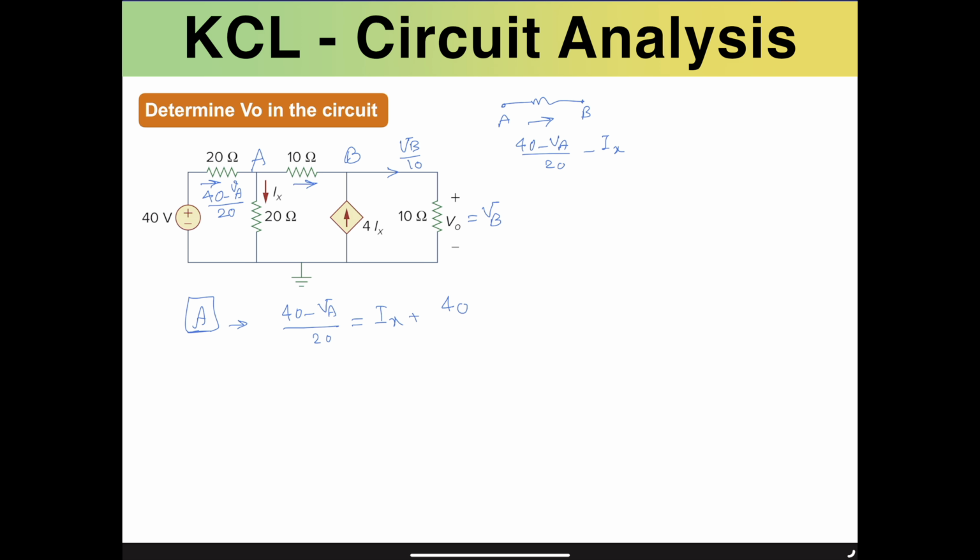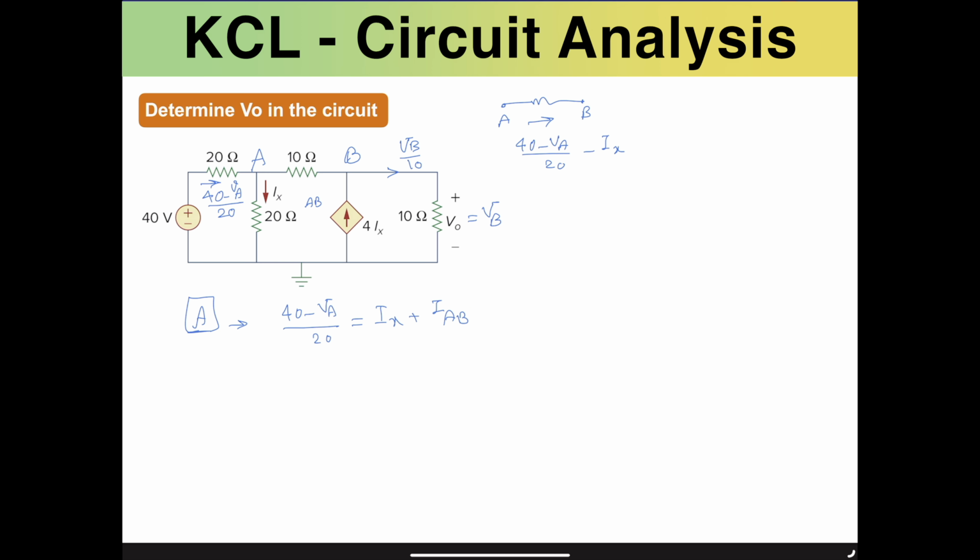We could have actually used a different label for node A, so let's call it that way for simplicity. Let's call this current IAB, which means it is flowing from A to B. Now, if you consider the KCL in this node, the entering current is this much, and the exiting currents are Ix and IAB.